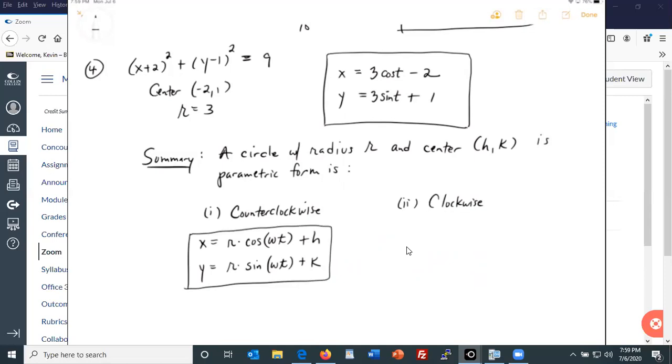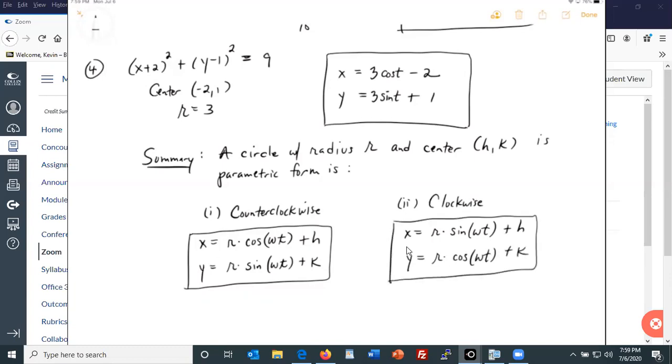And then if it's clockwise, the equations are exactly the same, but switch your sine and your cosine. So we would get x equals r times the sine of wt plus h, y equals r times the cosine of wt plus k.